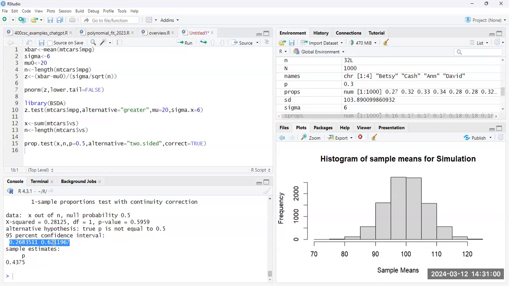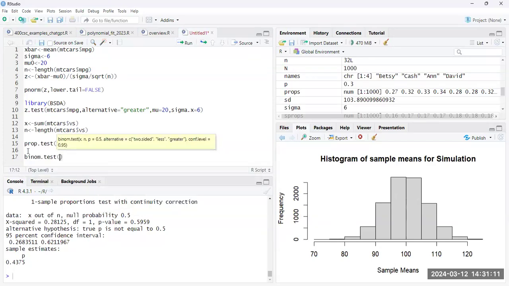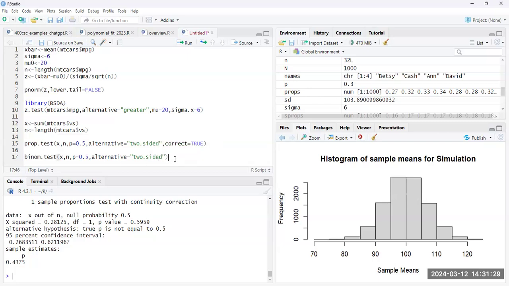Now, you can also use another version of calculating this, particularly when you have small sample sizes, the binom test, which has similar syntax.